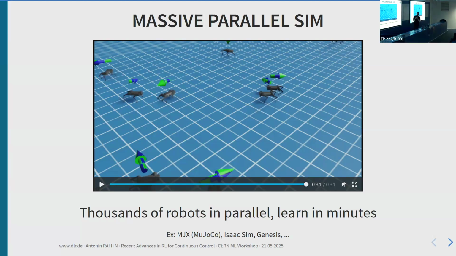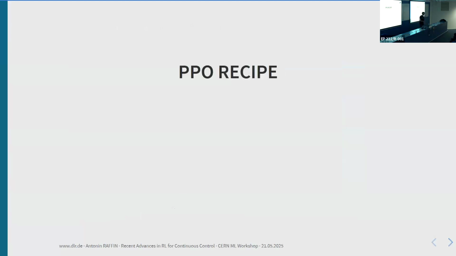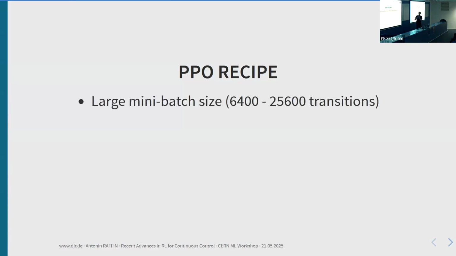If you read any of the papers about massively parallel simulation, all of them tend to use the PPO algorithm, proximal policy optimization. This one is a bit more lightweight than SAC, but it tends to be faster in terms of gradient updates. The recipe for PPO working on those massively parallel environments is first to have a very large mini-batch size.